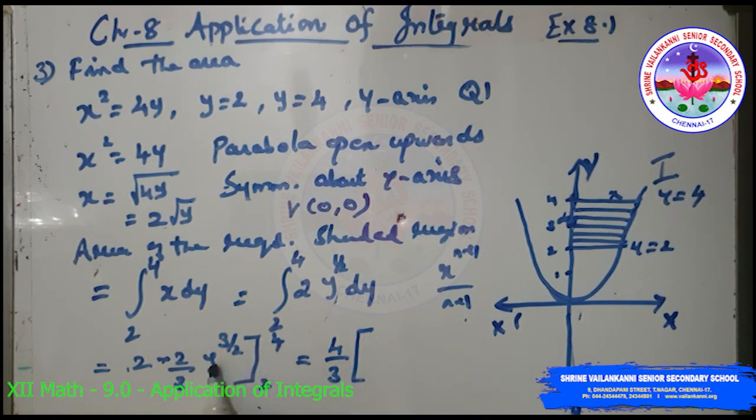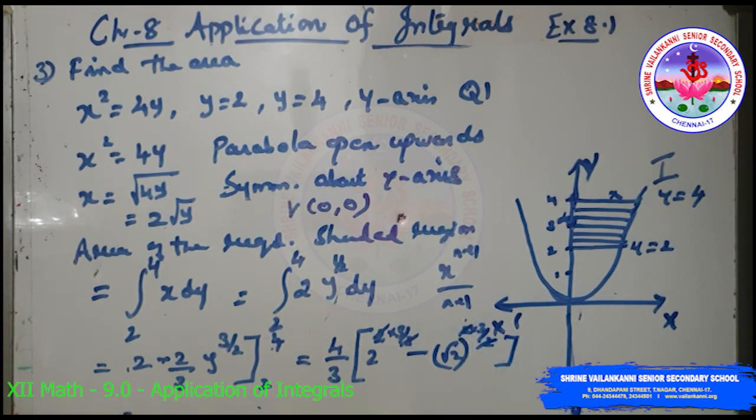The upper limit is 4, so 4 power 3 by 2 I write as 2 square into 3 by 2, writing 4 as 2 power 2, and 2 and 2 will get cancelled. Minus the lower limit 2 to the power of 3 by 2, writing this as root 2 square 3 by 2, where 2 and 2 will get cancelled.